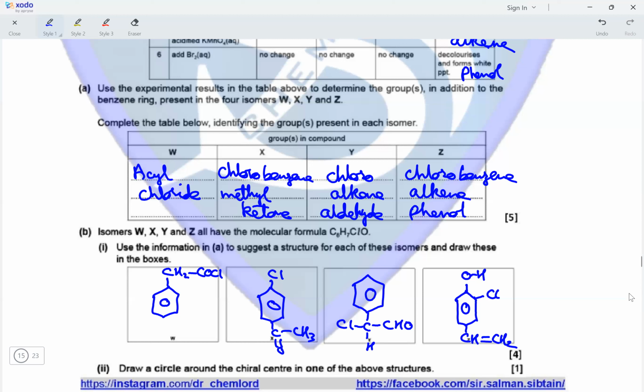So in total, we've got 8 carbon atoms, 7 hydrogen atoms, 1 chlorine and 1 oxygen atom. And at the same time, we have a carbon atom that is chiral because it has 4 different groups attached to it. Thus, structure of Y now is correct according to all of the data given in this question.